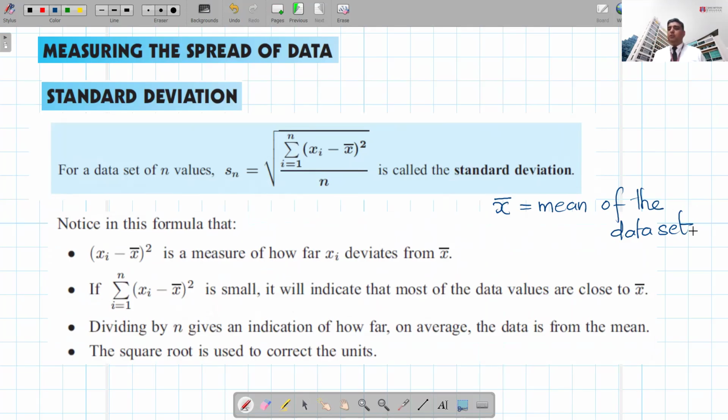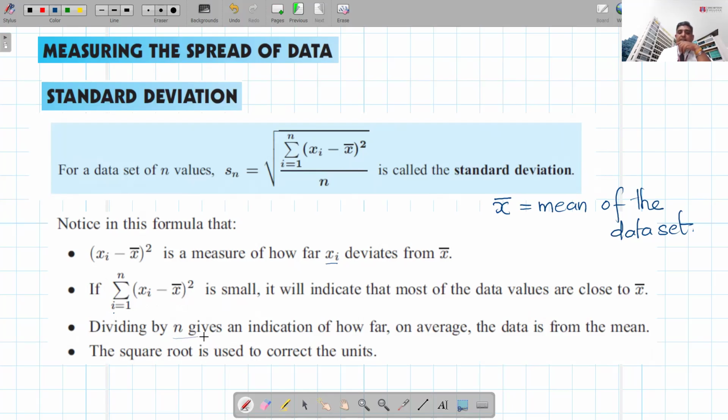And in this formula, we use xi minus x bar, the whole square, as a measure of how far the data deviates from the mean. And when we use the sign sigma, i equals 1 to n, that means for each and every piece of data you find the difference: the mean is subtracted from each piece of data, it's squared, and all of them are added together.